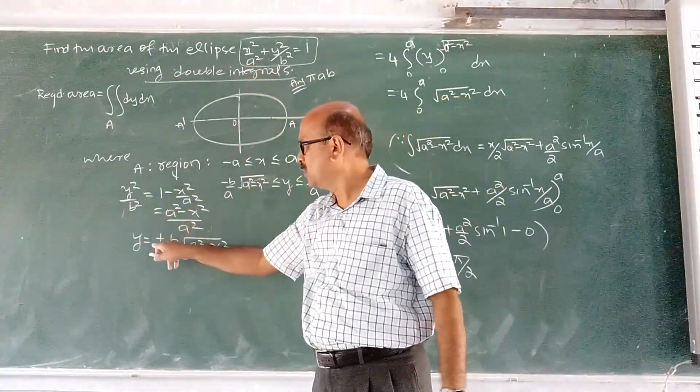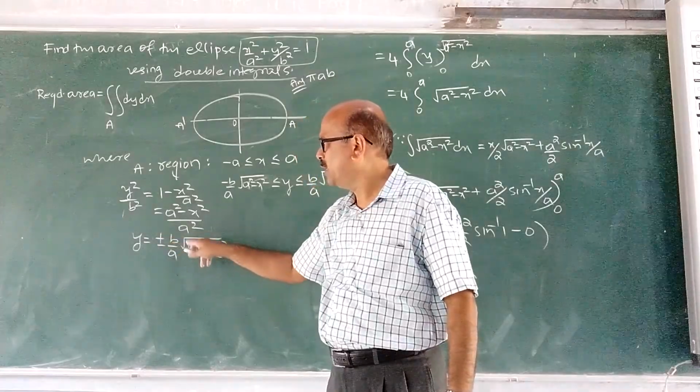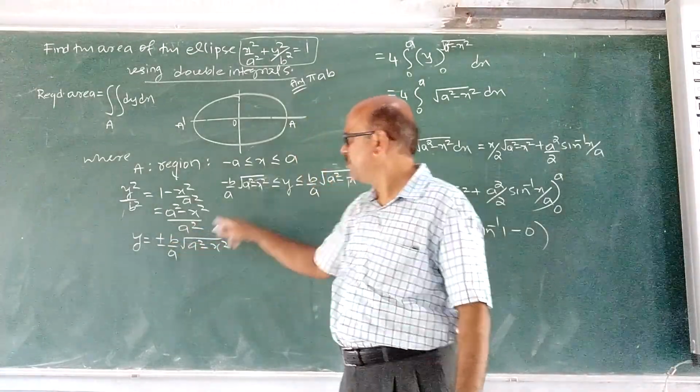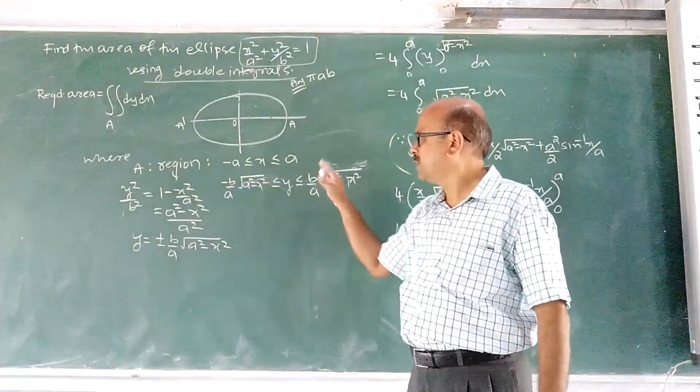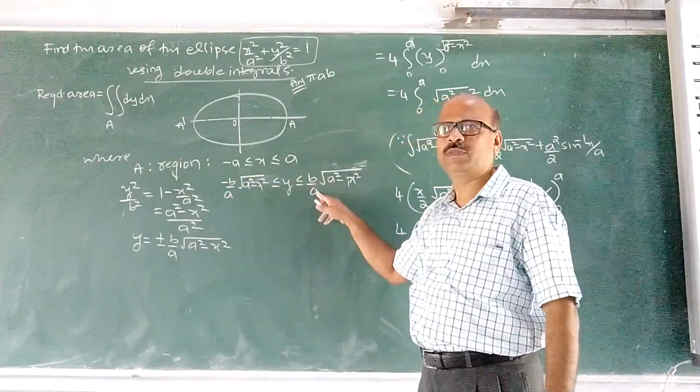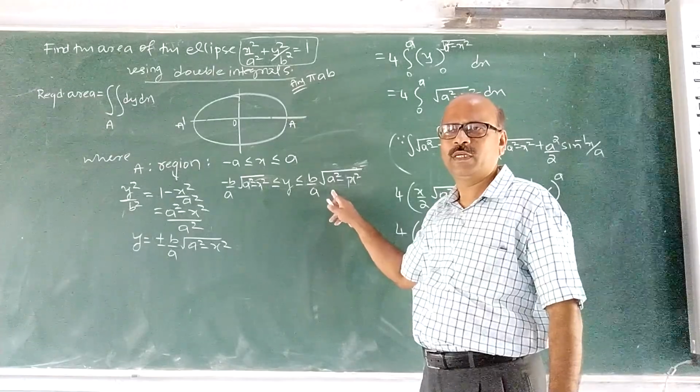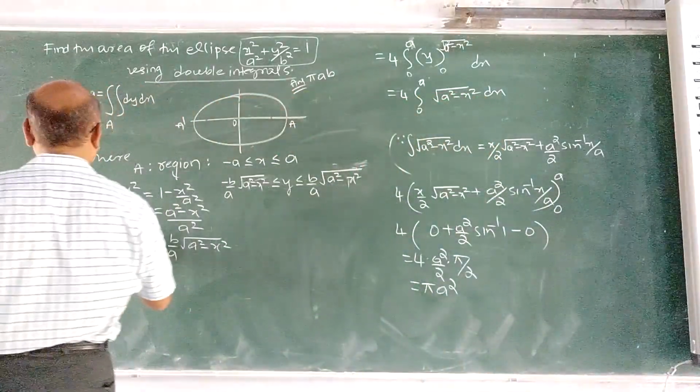Solve this equation, you will get y as plus or minus b by a root a square minus x square. So y varies from minus b by a root a square minus x square to plus b by a root a square minus x square. So what is the area?